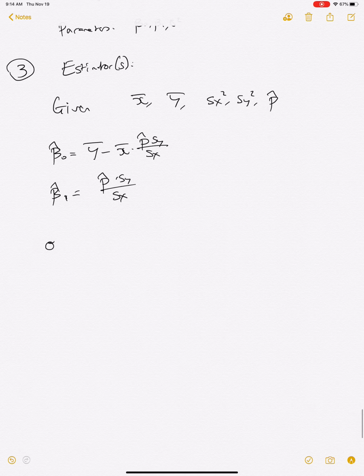And then we have that sigma hat squared is equal to n minus 2 over n, times 1 minus rho hat squared times sy squared.